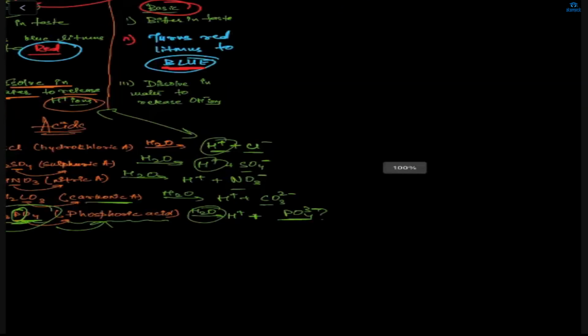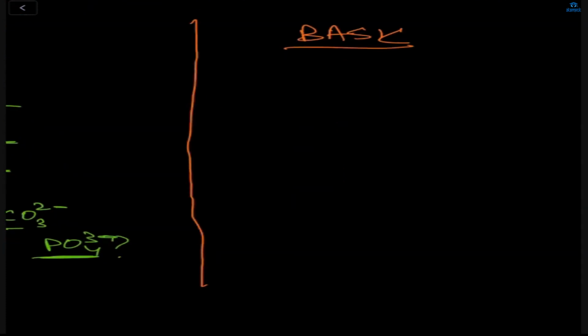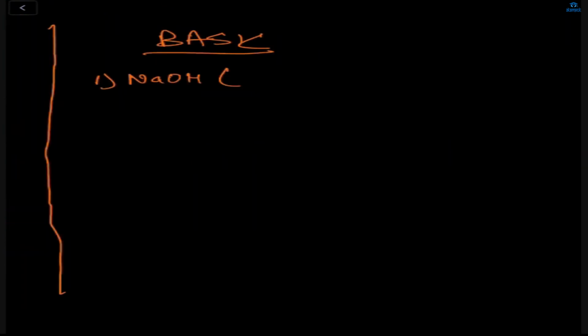Now, if we write some chemical equations for bases, it should release OH minus ions. So what are the bases? What is NaOH? What is the full form of NaOH? Rudra, will you tell me? Sodium hydroxide. Yes, sodium hydroxide.